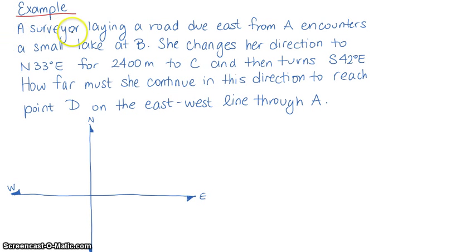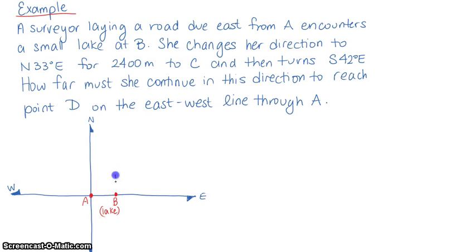Now this one says that you have a surveyor that's laying a road due east from A. So to make this easy on ourselves, let's put A right in the middle. There's our point A. This person is due east at point B at our lake. She's going to change her direction to north 33 degrees east.